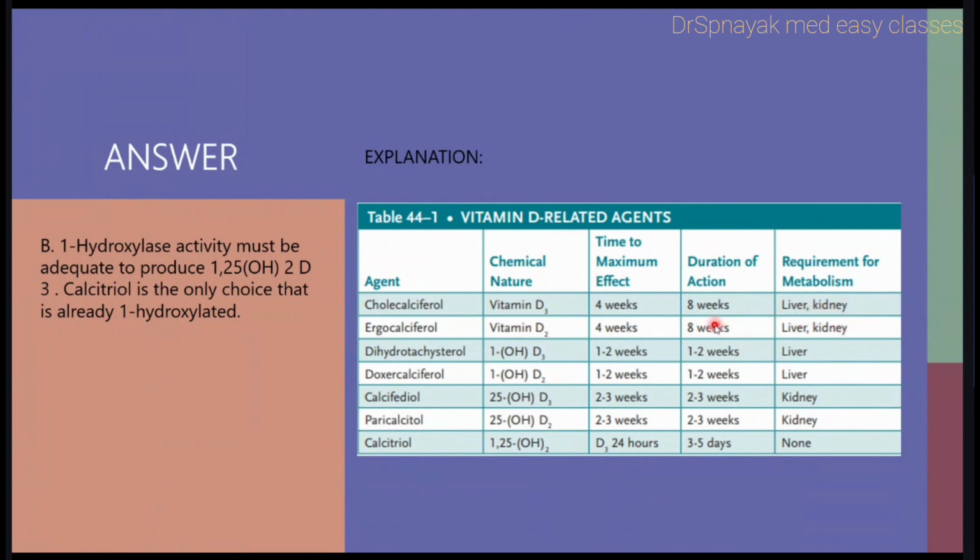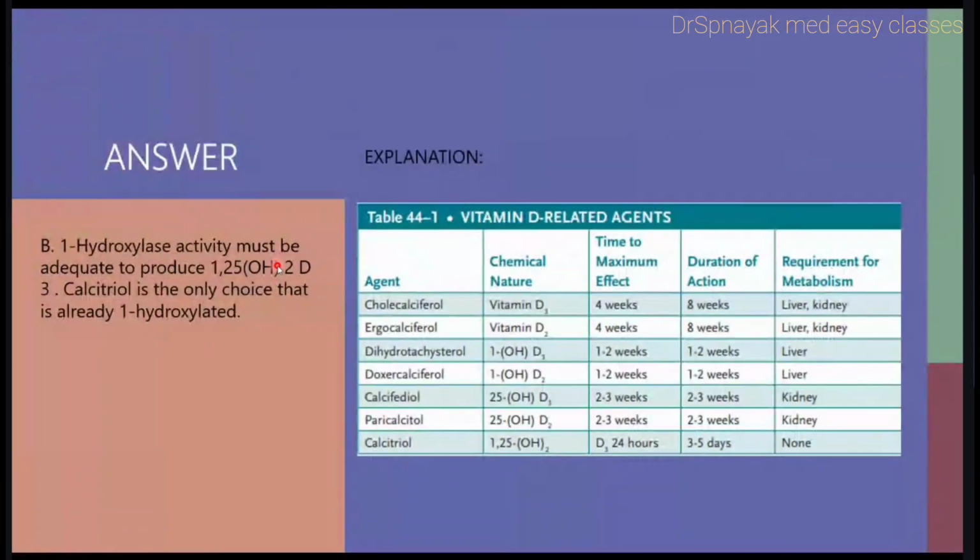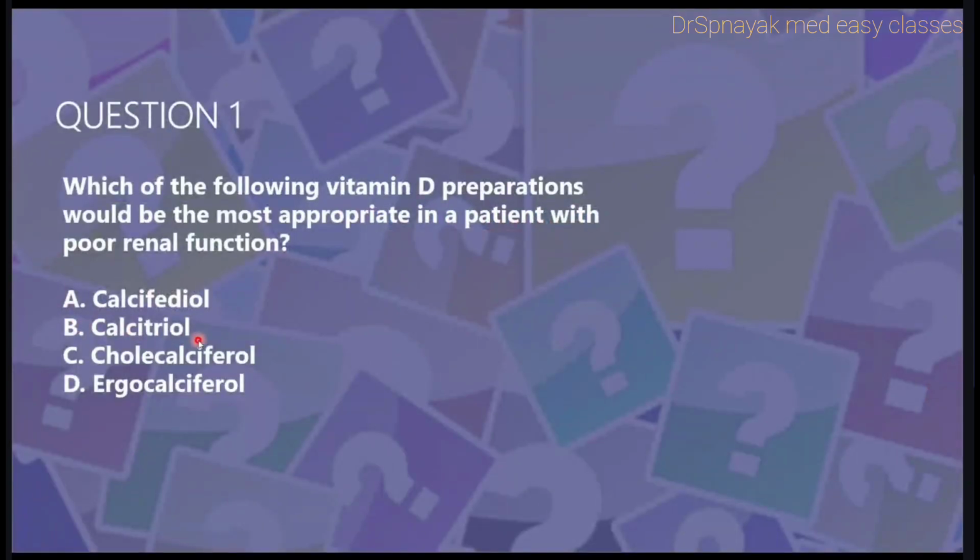But as we saw in the question, the patient has poor renal function, so we need a form of vitamin D which does not require the kidney for its metabolism. Calcitriol does not require any organ for its metabolism since it's already in its activated form, which is 1,25-dihydroxycholecalciferol. So the answer would be B, calcitriol.